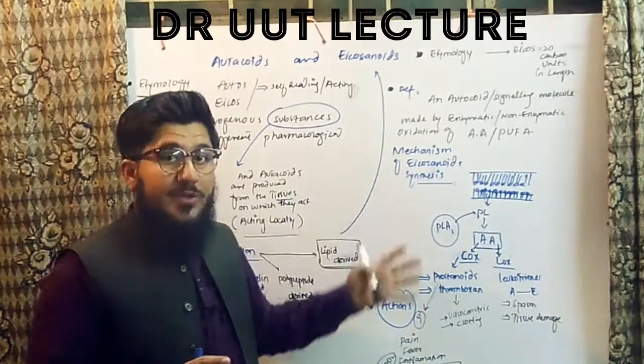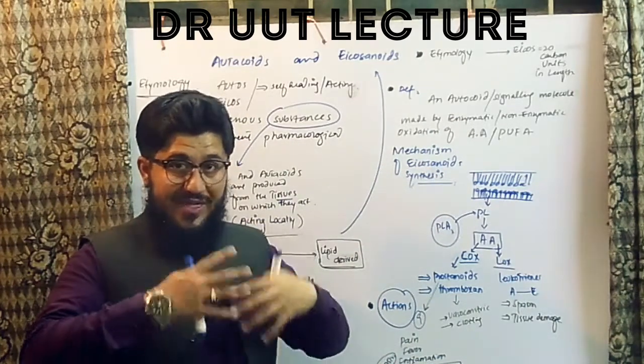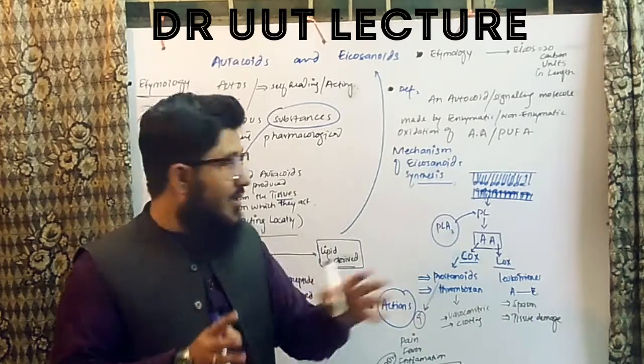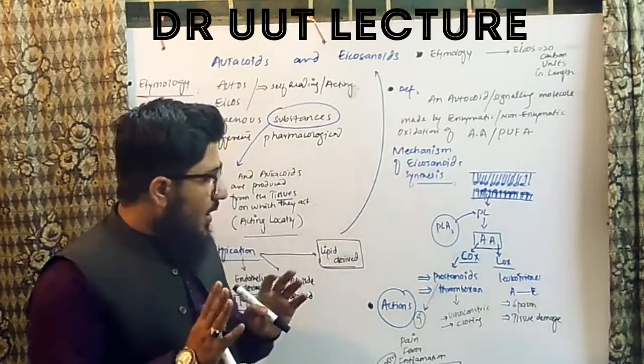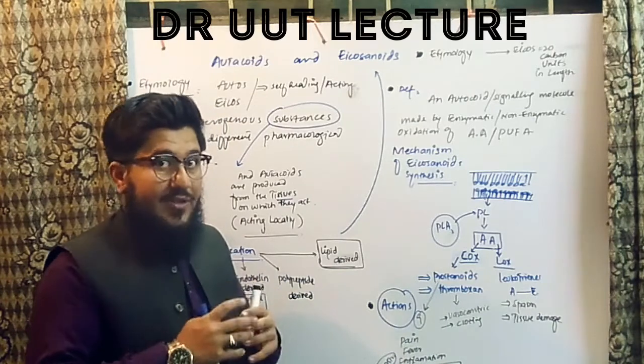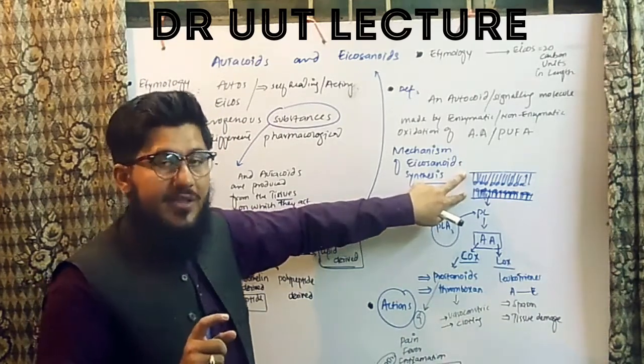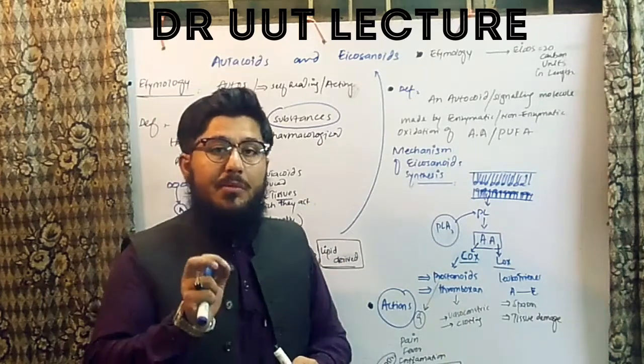Now let's come towards the mechanism. The words that I spoke in the definitions, we will now explain through this mechanism. How are the eicosanoids actually synthesized? Just concentrate. Our cell membrane is made up of lipid, meaning it is a lipid bilayer membrane.